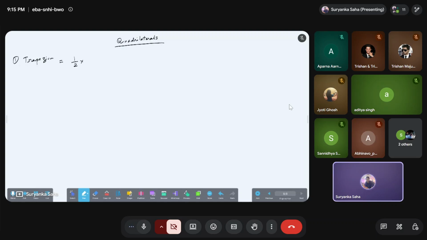Half into sum of parallel sides into the distance between the parallel sides. Okay, done. That is the area of a trapezium.